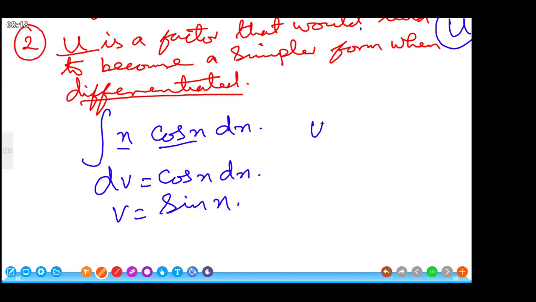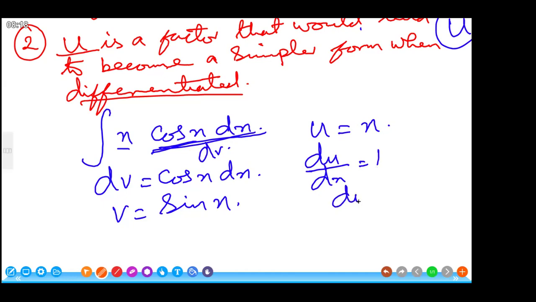Right. Then what is u? If this has been considered as dv, what is u? u is x. So what is du by dx? It is equal to 1. So that means du is equal to dx. Is it clear to everyone? Right.